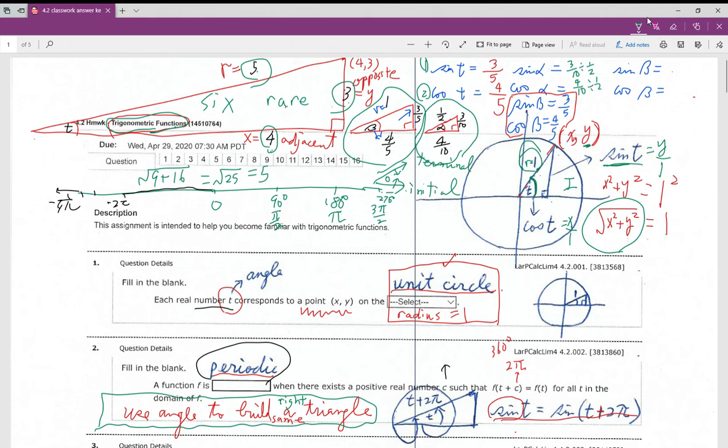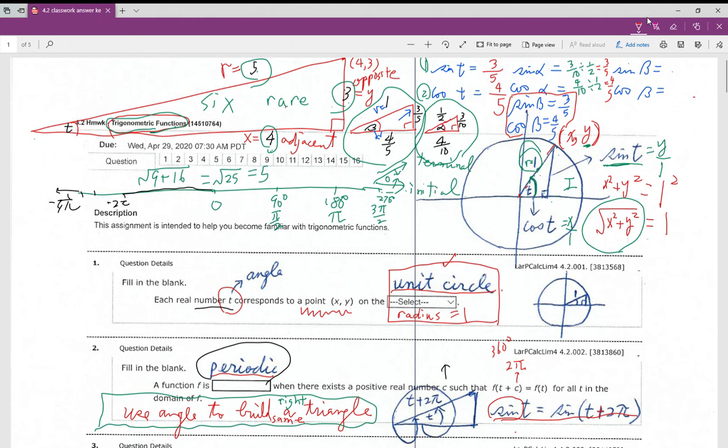Now you understand, dividing by 1/2 means times 2, so in the end, you have the same answer, 3 over 5 and 4 over 5 here.